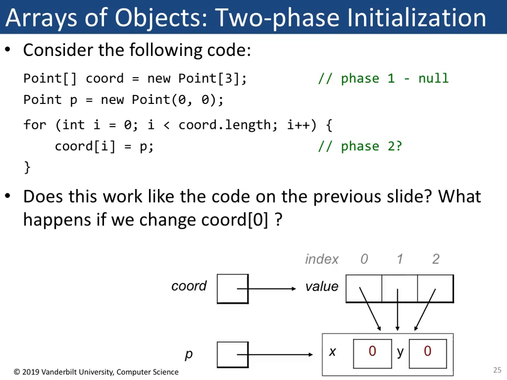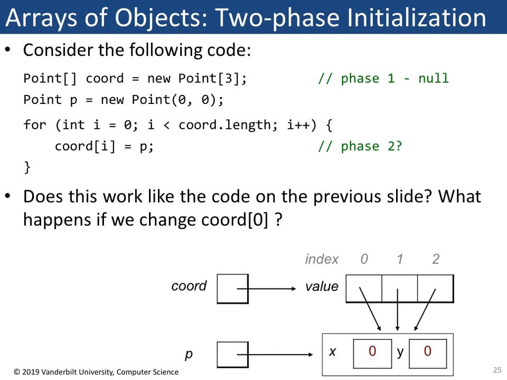Hopefully you understand the answer to that question is no. Here's why. What this code does is, yes, we create our coord reference variable, which points to our point type array object in memory, and we created this reference variable P, which points to this object that we created in memory right here. We created a new point object, and P points to it.